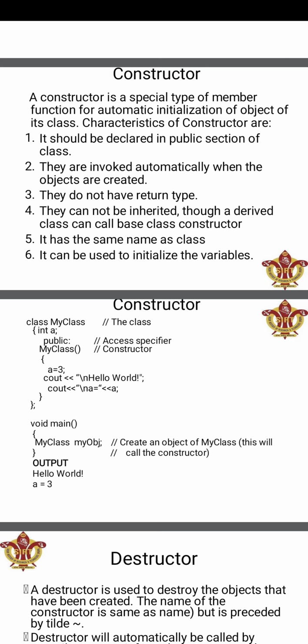They do not have any return type, therefore they cannot be inherited through a derived class. That is, while using inheritance, if we have one constructor in the base class, then it will not be inherited in the derived class or the child class. Another property is that it has the same name as that of the class, and it is used to initialize the variables of the object.